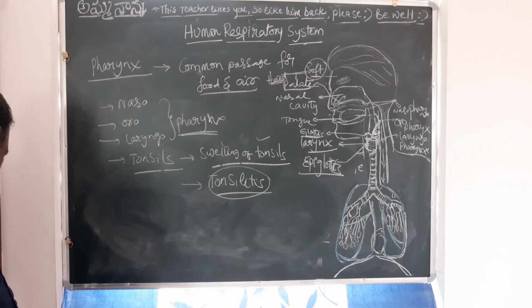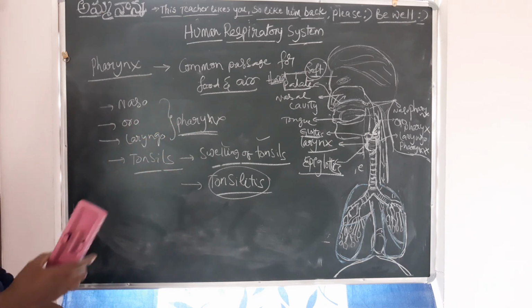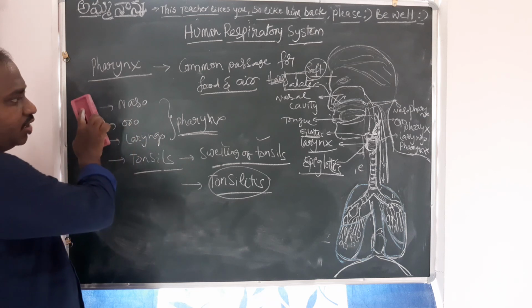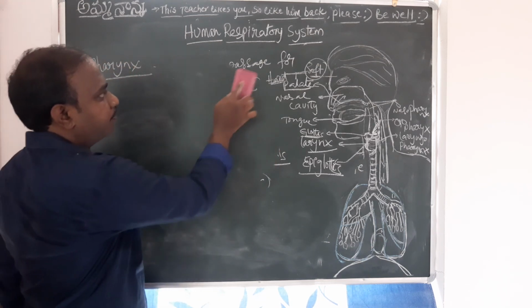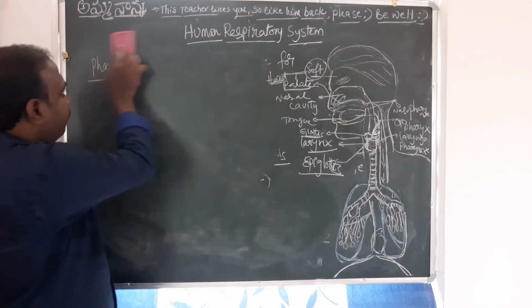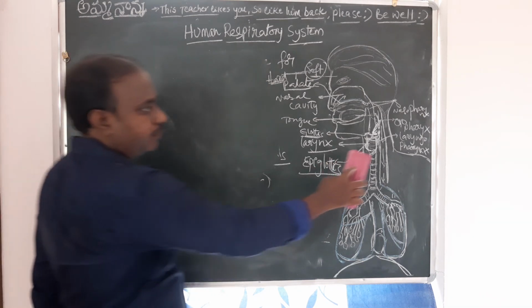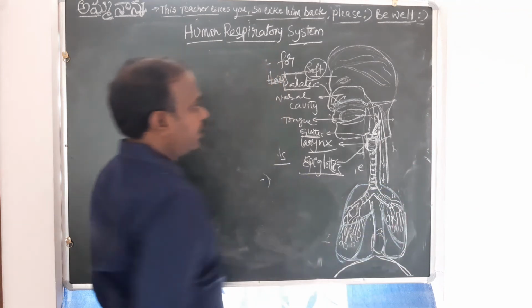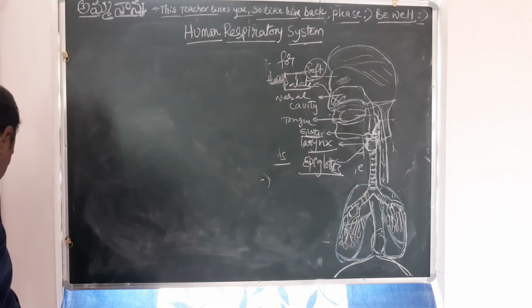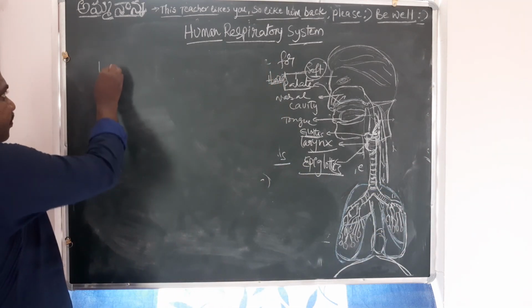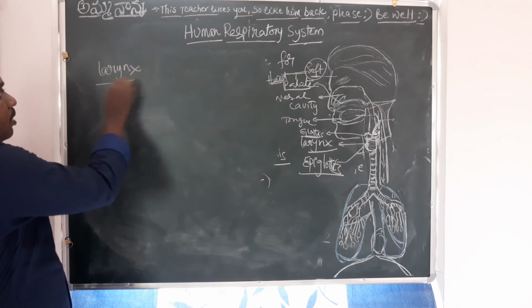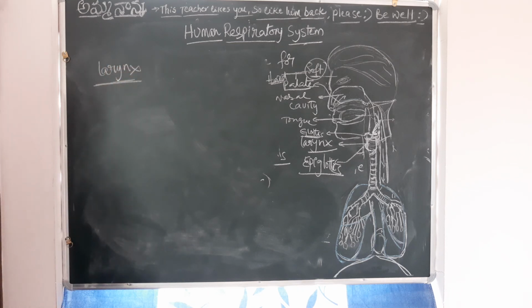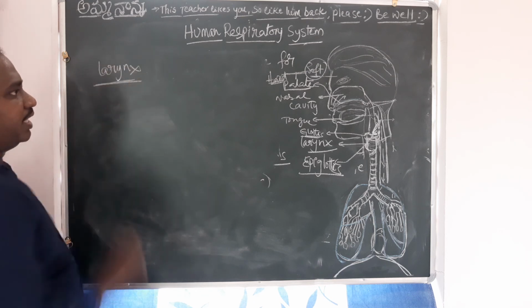That is the pharynx, which is the common passageway for the respiratory as well as the digestive system. So three kinds of regions we have identified. The next part that we have is the larynx.